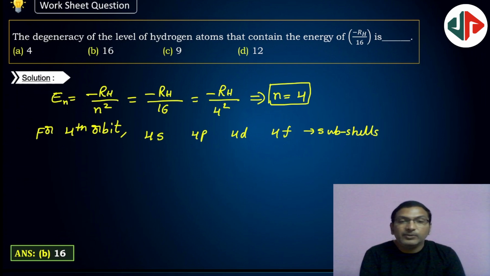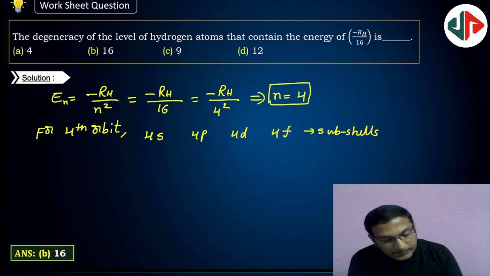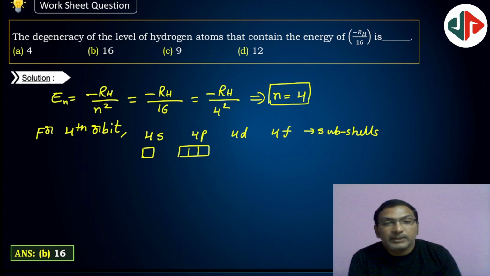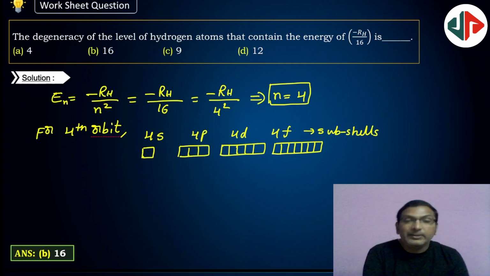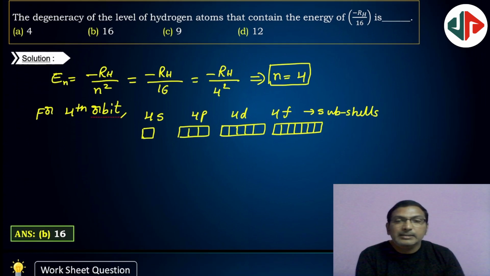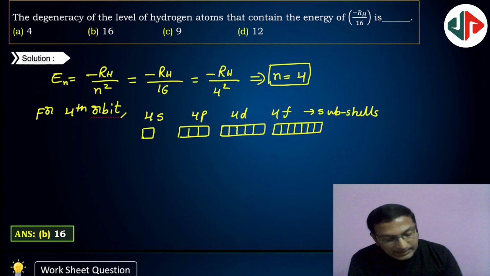In 4s we have only one orbital, 4p 3 orbitals, 4d 5 orbitals and 4f 7 orbitals. So all these orbitals are having the same amount of energy. Here one orbital, 3, 5 and 7.